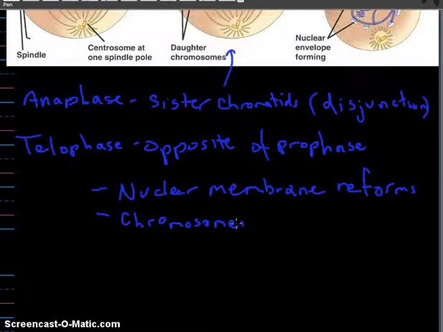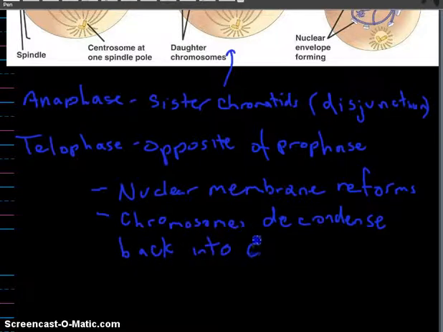So we don't have to package these chromosomes nicely because they no longer need to divide at the moment. So the chromosomes decondense back to the chromatins, the uncondensed form of chromosomes.